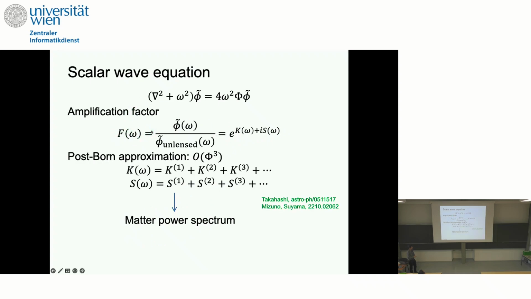Recently, this result has been generalized up to second and third order of the Newton potential, and these terms are typically smaller than the Born approximation. That fact was confirmed recently by the Mizuno and Suyama paper.